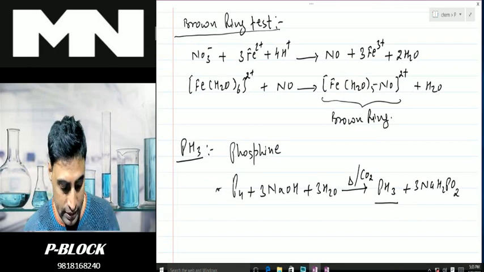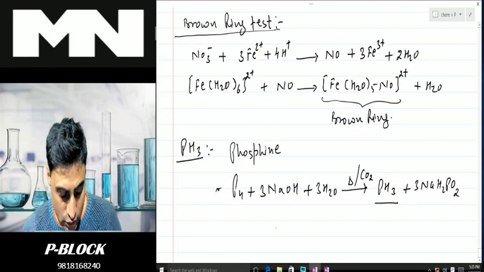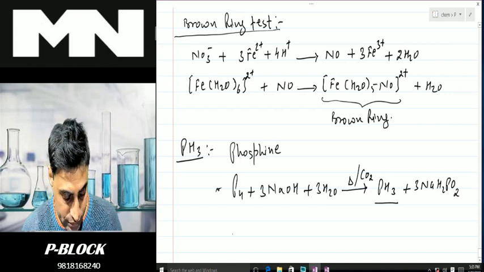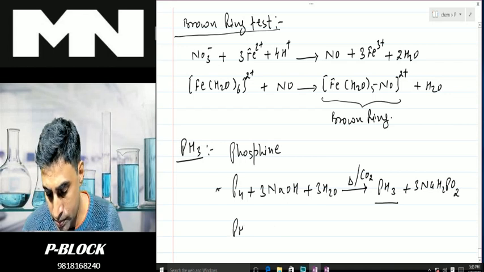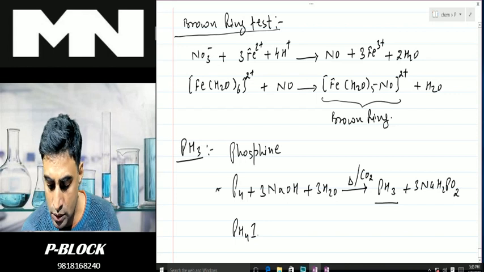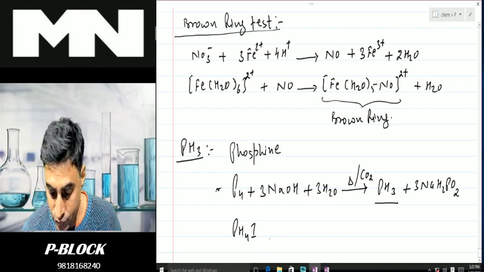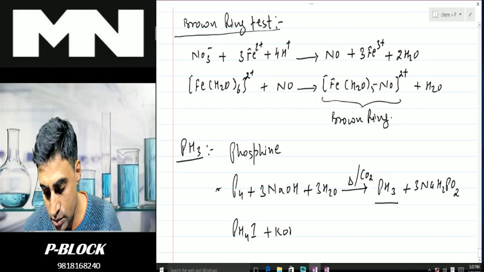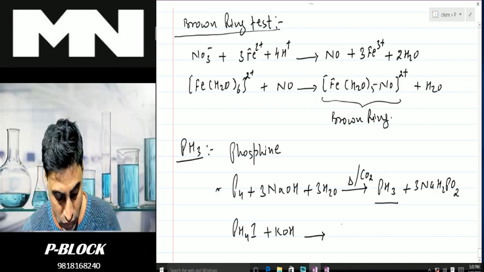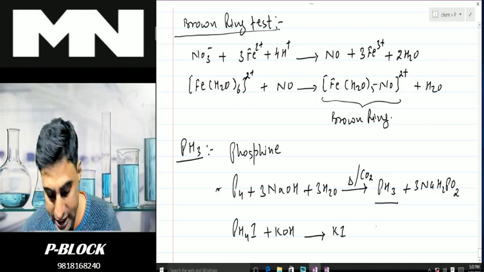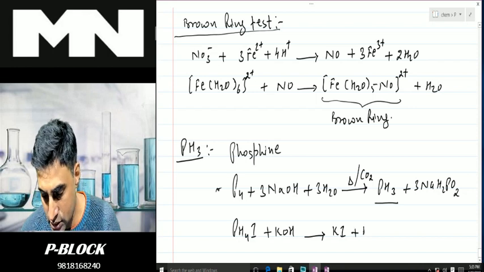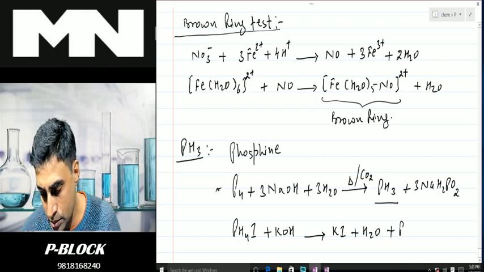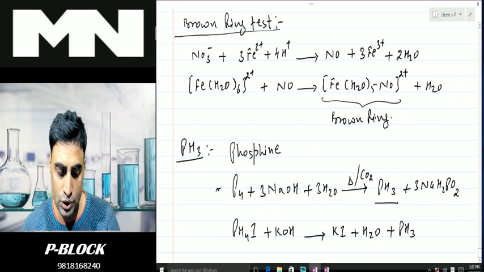You'll get phosphine. Phosphine can also be prepared by the reaction of phosphonium iodide with a base like potassium hydroxide. It will give you potassium iodide plus H2O plus PH3.